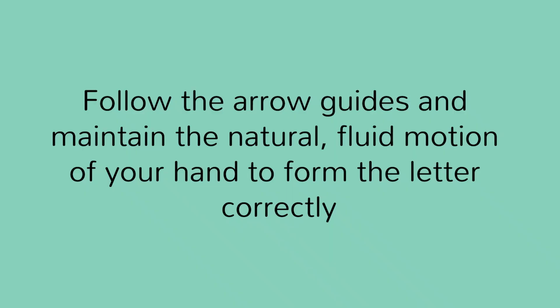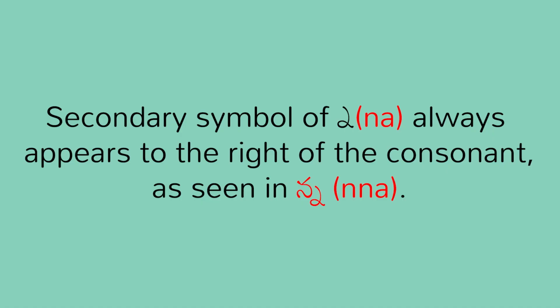It is pronounced as Na and is phonetically described as a voiced alveolar dental nasal. Here is a pro tip for this letter. Follow the arrow guides and maintain the natural fluid motion of your hand to form the letter correctly. The secondary symbol of Na always appears to the right side of the consonant as seen in Na.